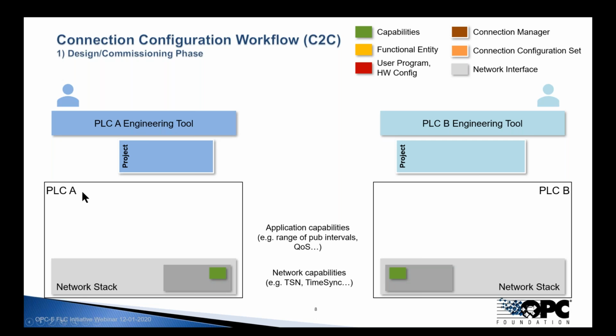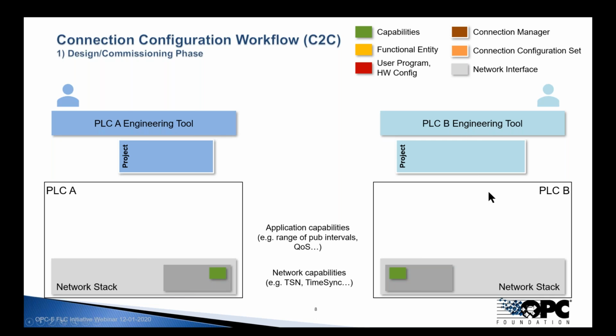This could be, for example, the controller for a machine, but it could also be a controller for some process automation. As of today, typically you sit before your engineering tool, which is dedicated to engineering exactly that PLC, and that engineering tool comes from the same vendor as that PLC. Let's name it vendor A. Vendor A produced this PLC, and we have the engineering tool for vendor A.